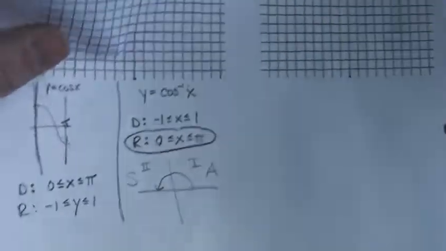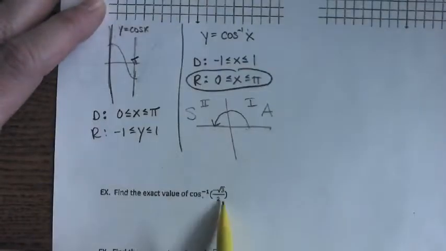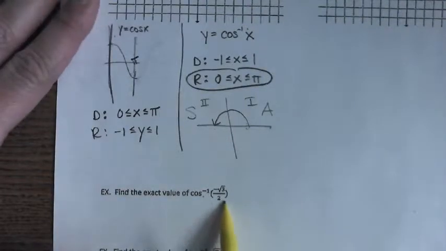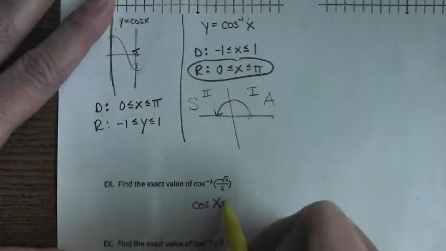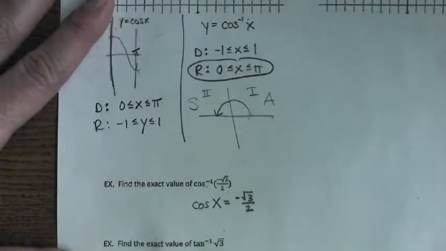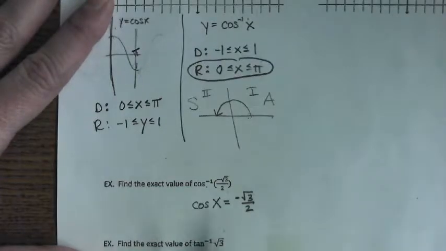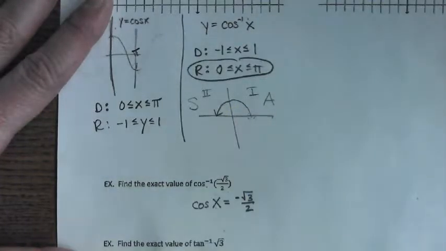If we jump down to that first example, the inverse cosine of negative root 3 over 2. So essentially we're being asked the cosine of what angle equals negative root 3 over 2. But we can only give an angle measure. Our answer to this has to be in quadrant 1 or 2.